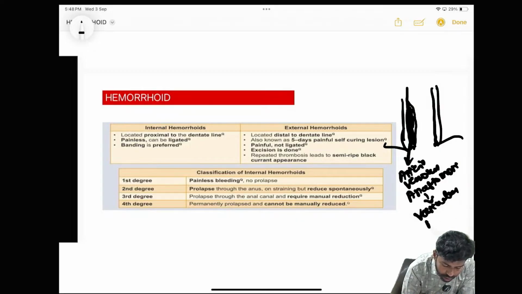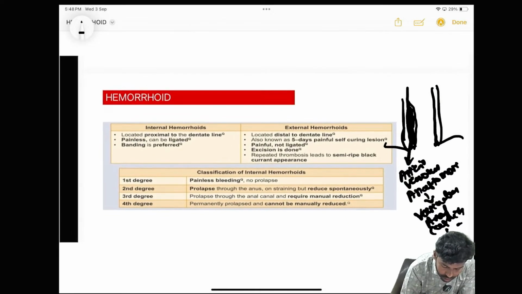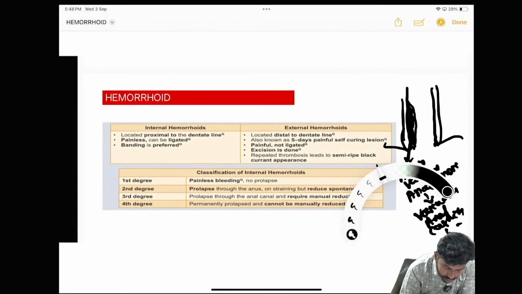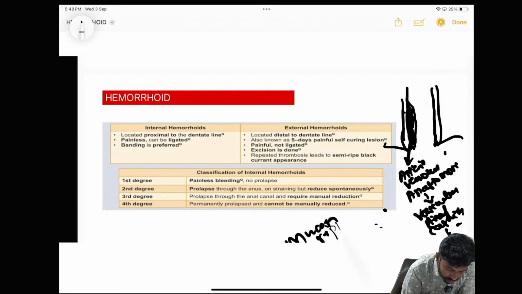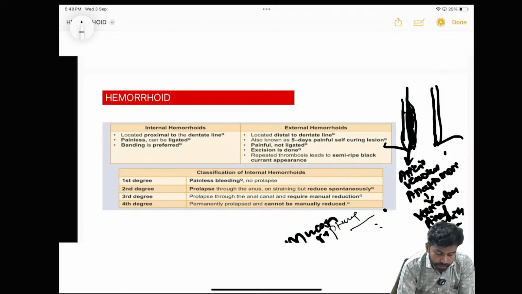Once the mucosa ruptures, it will start bleeding.